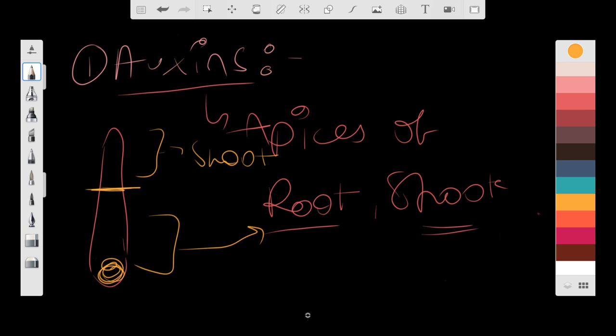Here there is the presence of auxins. These auxins are present at these points, so they help in growth elongation.